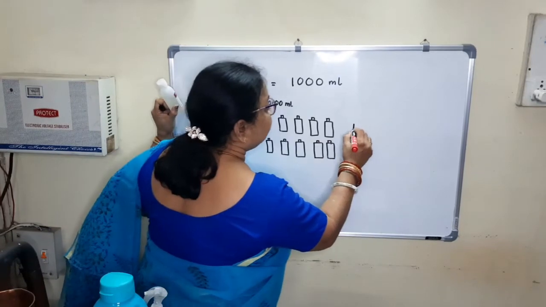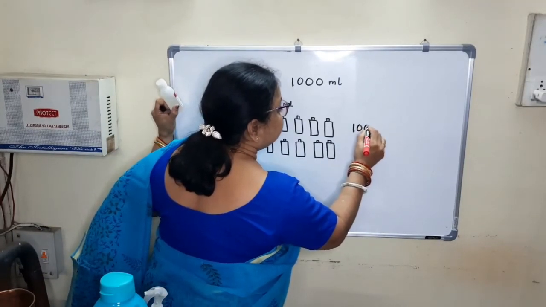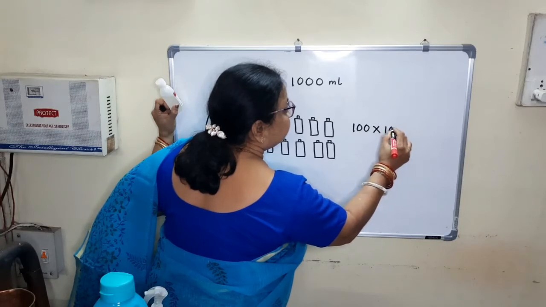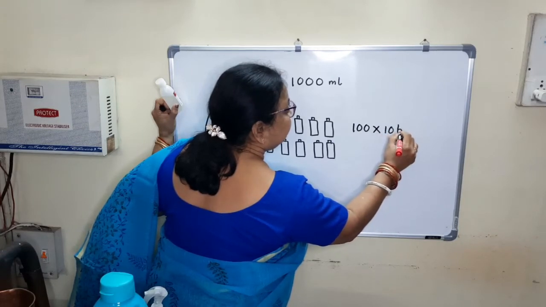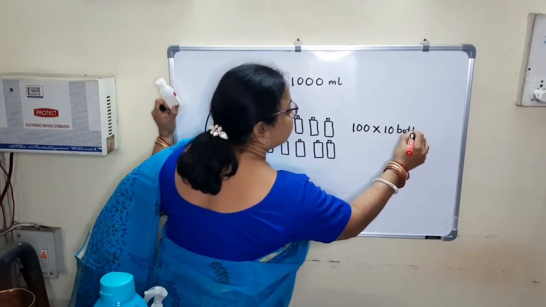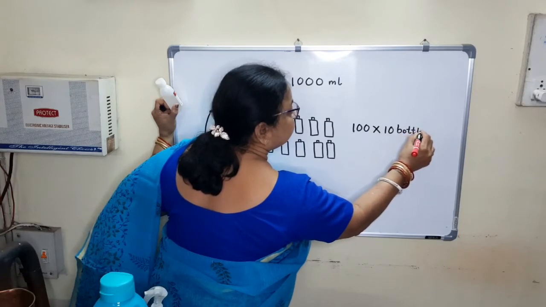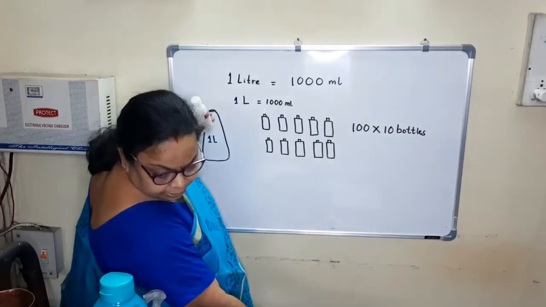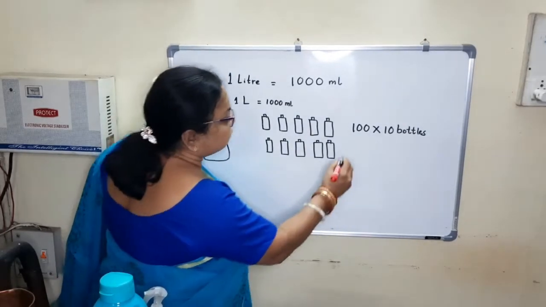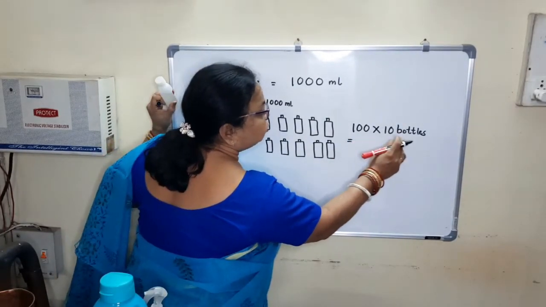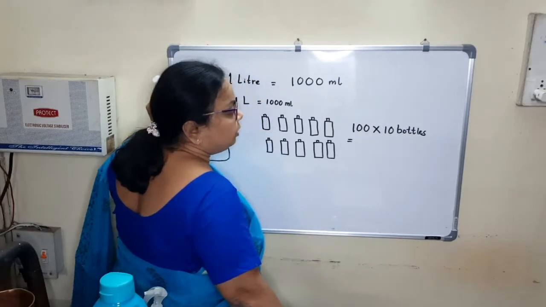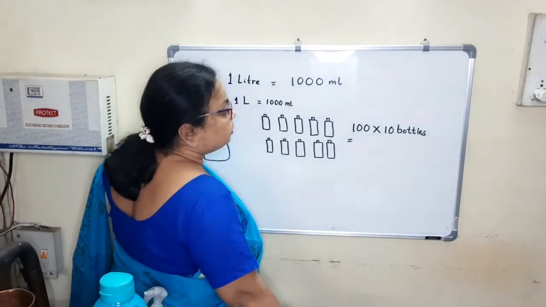So children, 100, how many times? 10 bottles, small bottles. So it is 1000, because one bottle is 100 milliliter.